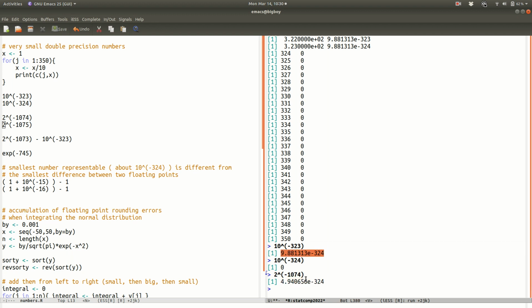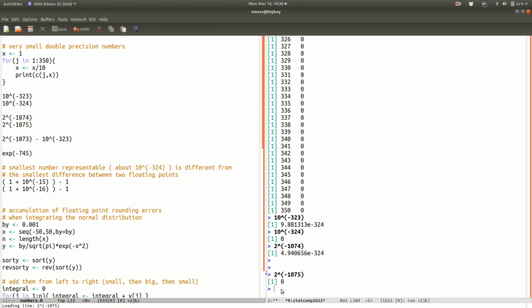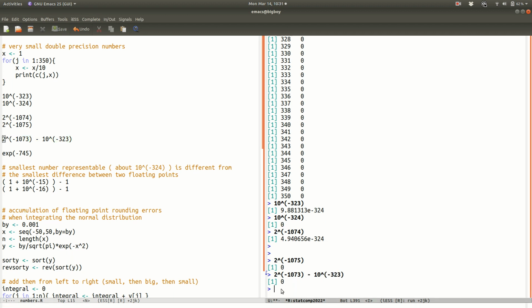And I think this is actually, let's think about this, the next smallest number in the double precision floating point system. Let's see, how much do they differ by? Actually, we do that down here. Let's look at that in just a second. And then this one gives 0. And this is how much they differ by. Oh, they don't differ. They're both 0 in that representation.